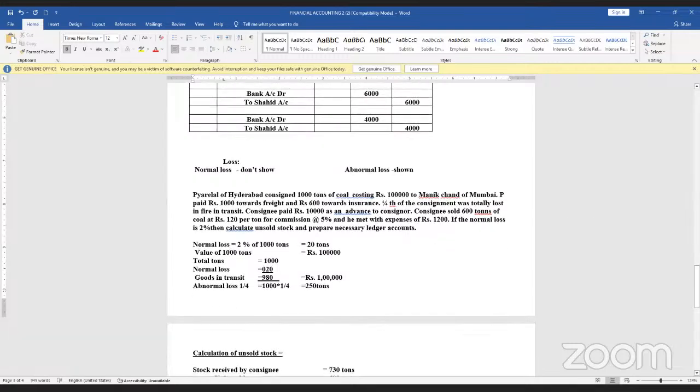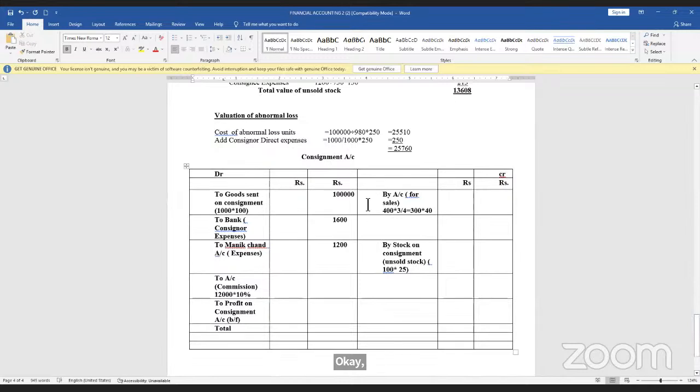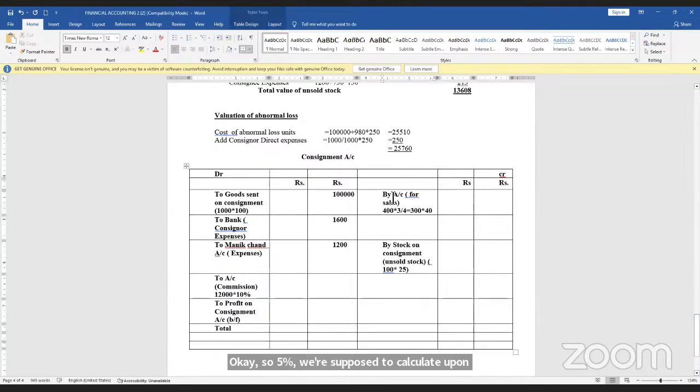Okay. So 5% we're supposed to calculate upon goods sold. So how many units did Manik Chand sell? Manik Chand sold 600 units. Right? 600 units. At what price? 120 per unit.